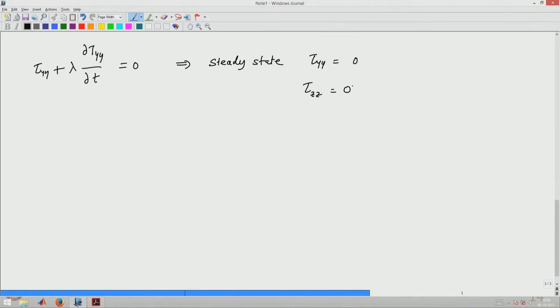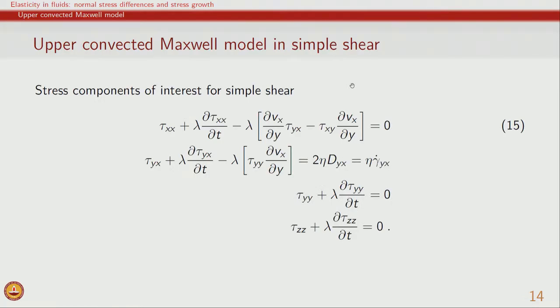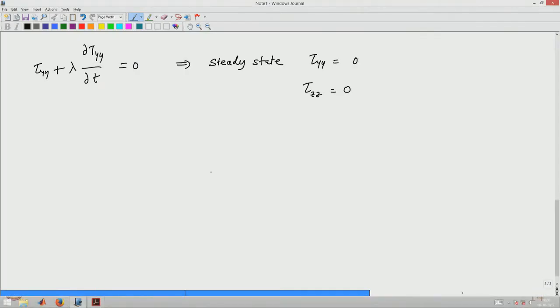Given these two conditions, now we can look at the shear component, which is the second equation that we have written here. We can see that it also involves tau yy, but at steady state tau yy itself will be 0. Therefore, the overall equation will reduce to what it was earlier. In case of the shear component, the upper convected Maxwell model will again lead to an equation similar to the Maxwell model itself.